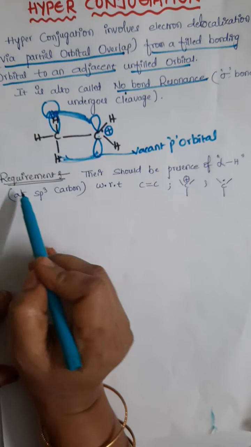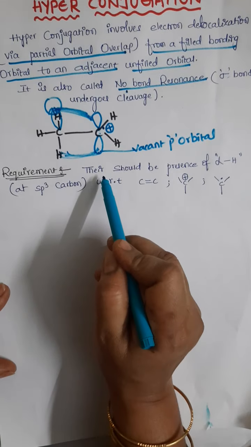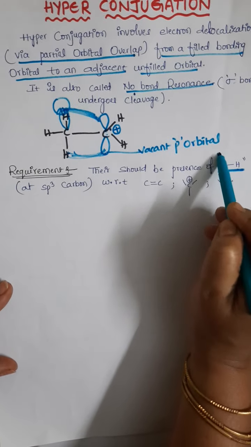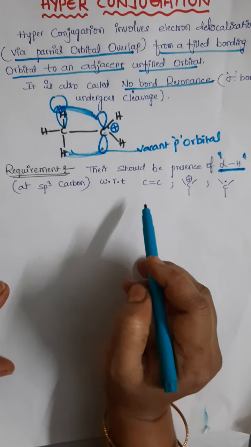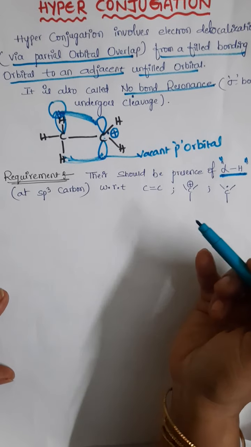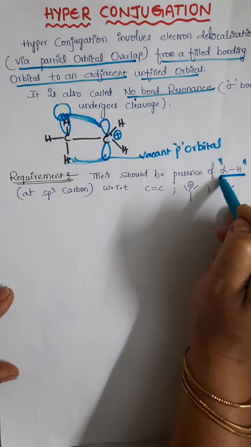Next, what is the requirement for hyperconjugation? This is the important condition. When a system, compound or species is given, it should contain an alpha hydrogen atom.